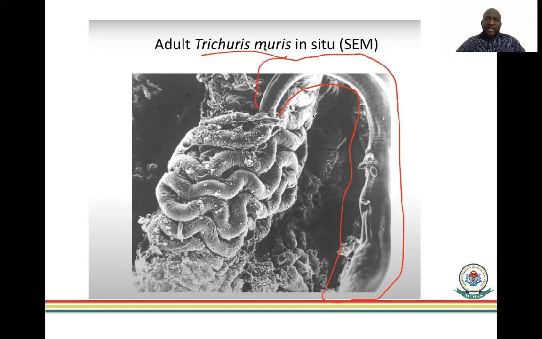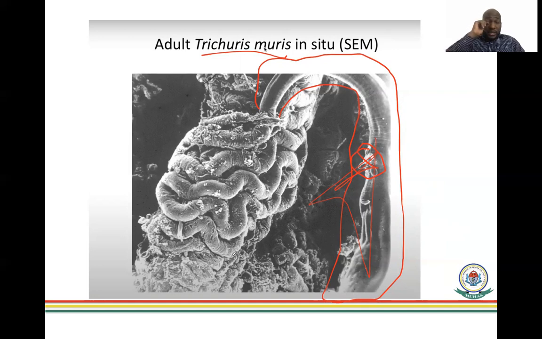And then you can see here, this is a section where the eggs are coming out. Eggs are coming out through this part. And then the whip, the long part, is embedded inside the epithelial mucosa of the intestines. So this is where they're being deposited.